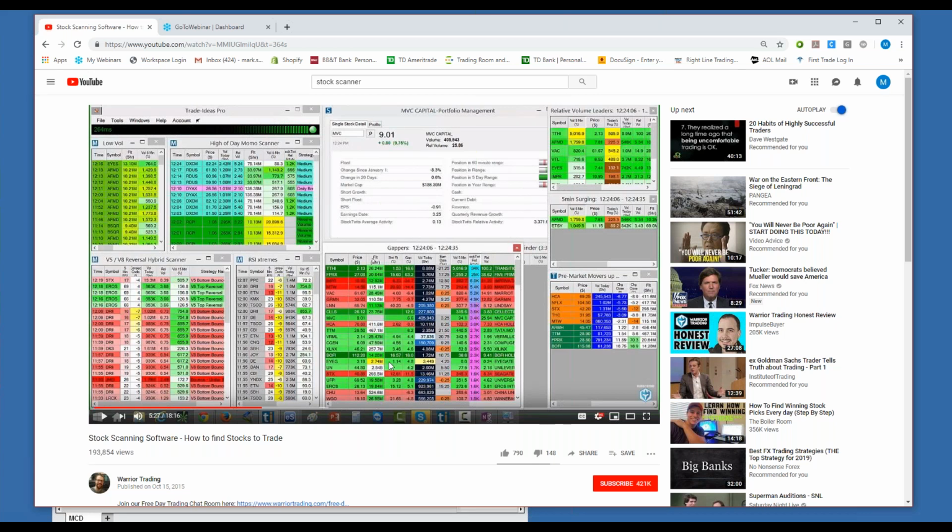Gappers, I guess if you want to trade a gap, but it doesn't provide you with any information regarding whether or not it's really a good entry. And that's the problem.